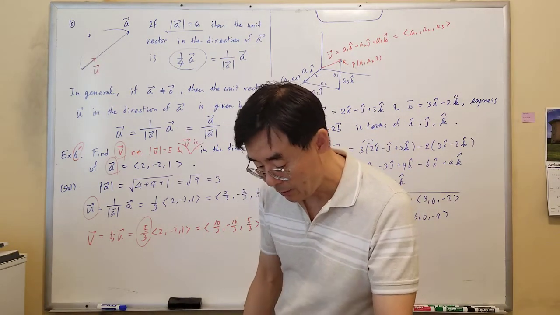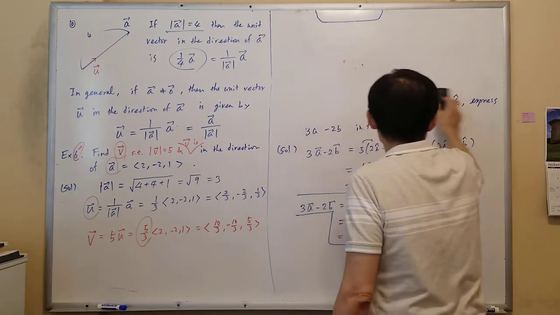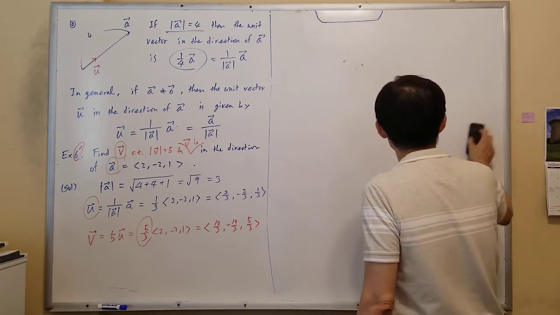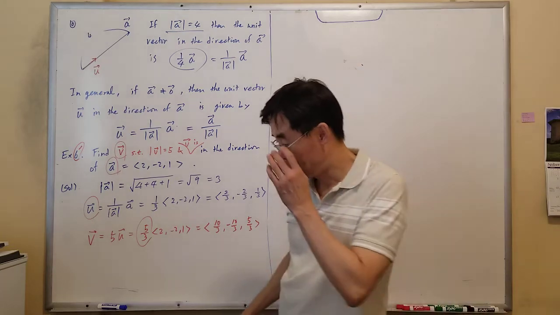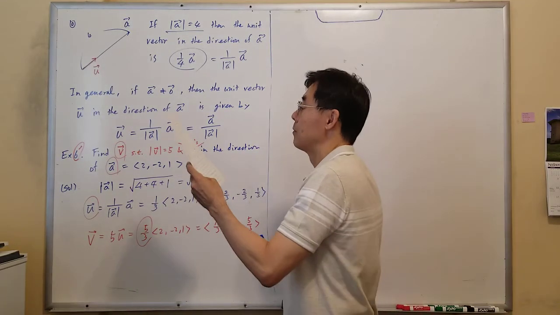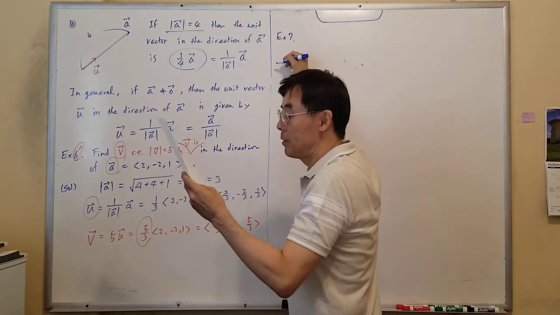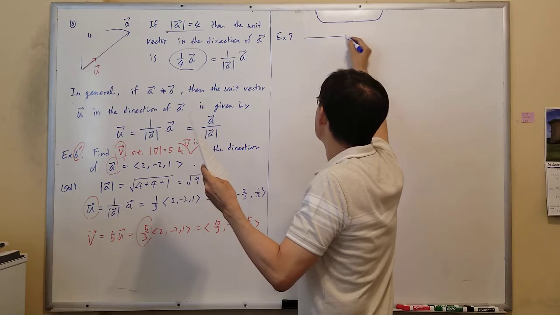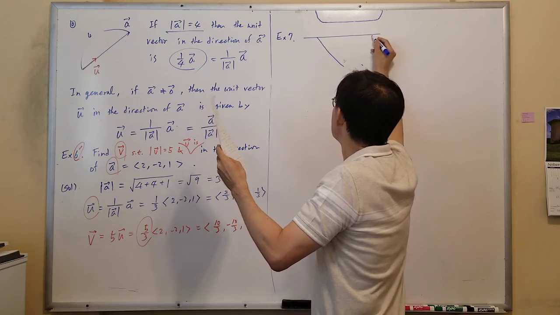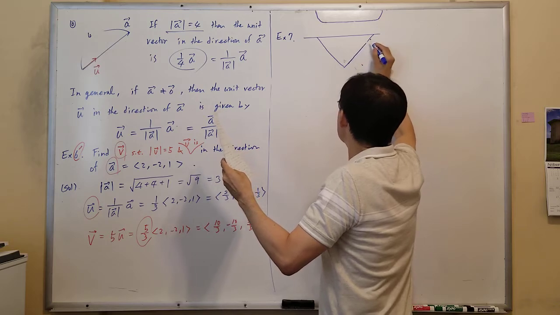Alright, our last example is example 7. Let's say you have a ceiling. There are 2 strings attached to some mass.